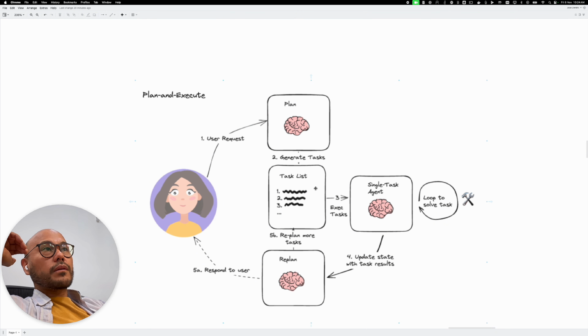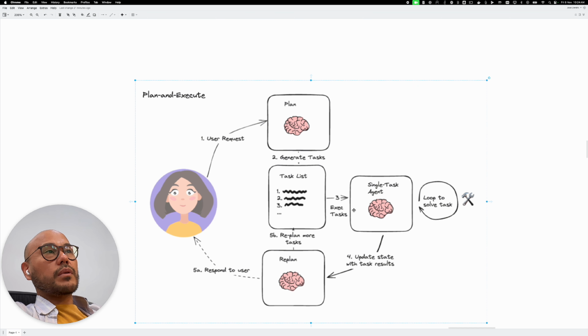The good thing about this is that there are several invocations to the LLM, and these LLMs can be different. So we can use a more robust or bigger model to create a plan, and then use smaller LLMs to do smaller tasks, and we can run them in parallel or whatever we want.